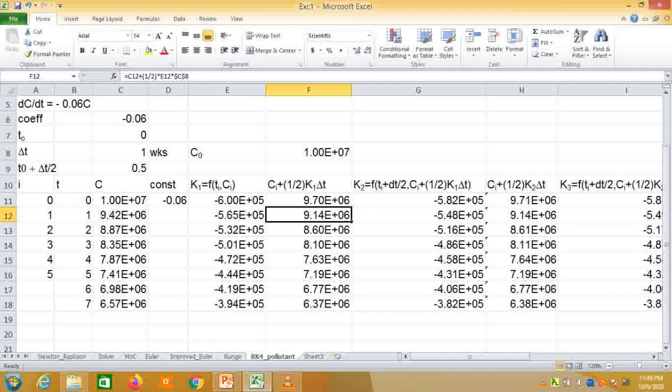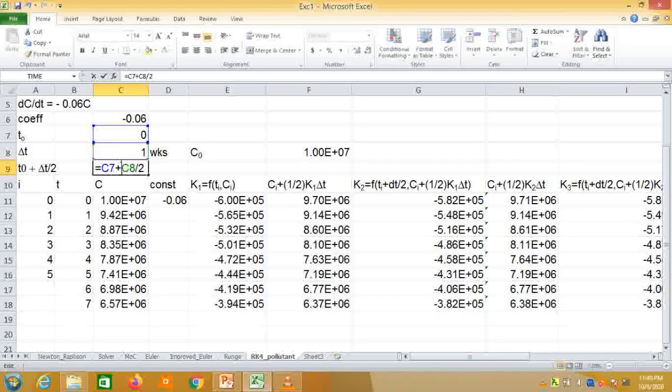So at this concentration and time of T plus delta T over 2, which is 0.5, we're going to calculate the corresponding value of K2. Of course, the derivative doesn't depend in this specific example on T, so computing T0 plus delta T over 2 is not useful as such.